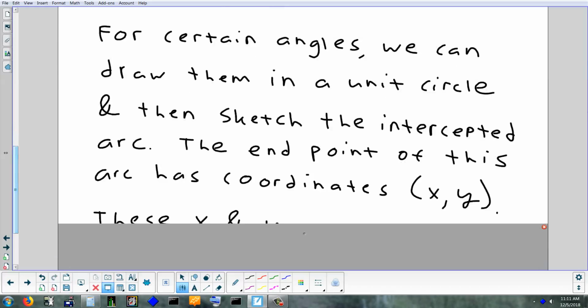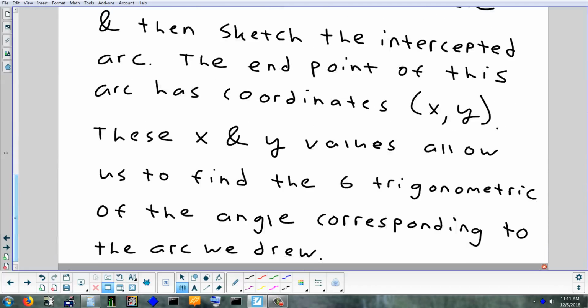Okay, so for certain angles, we can sketch them in a unit circle, and then we can find the coordinate. That's what I just explained. So that's the part that's important. The coordinate allows you to find the 6 trig functions of the angle. Which angle? Well, it depends which coordinate you're using.